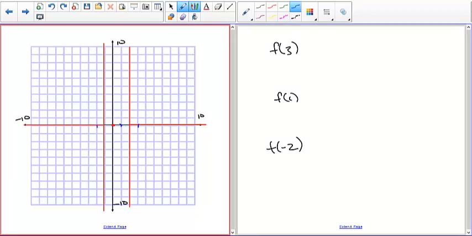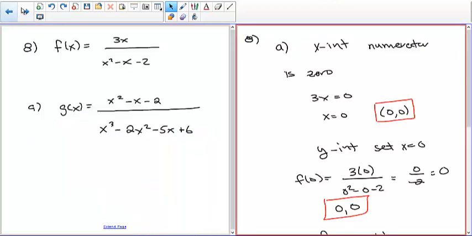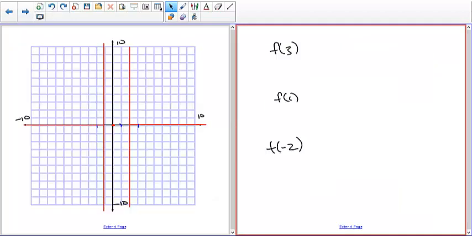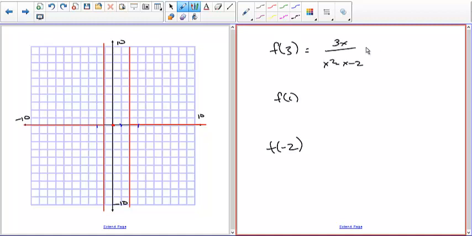Okay, so what is the function? Again, 3x over x squared minus x minus 2. So we get 3 times 3 over 3 squared minus 3 minus 2.